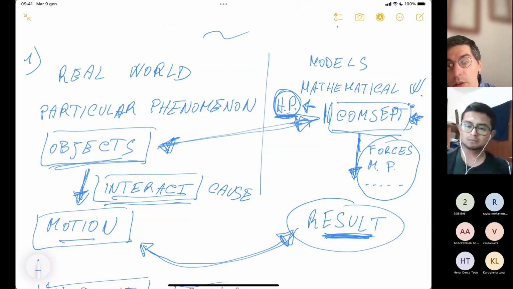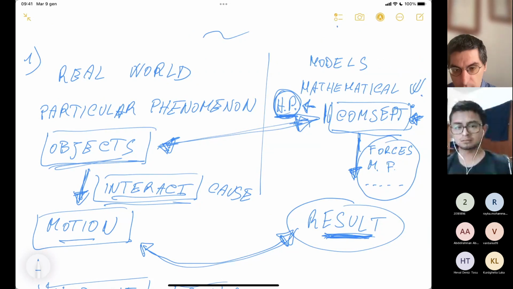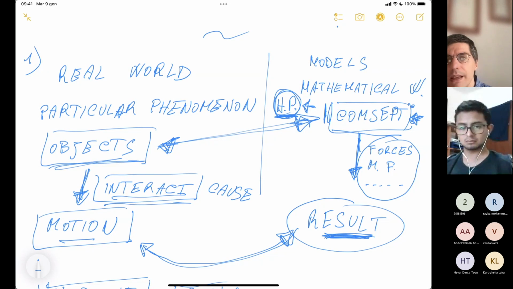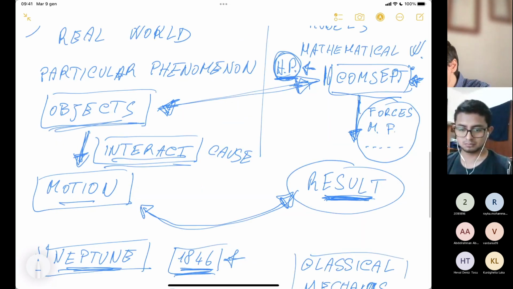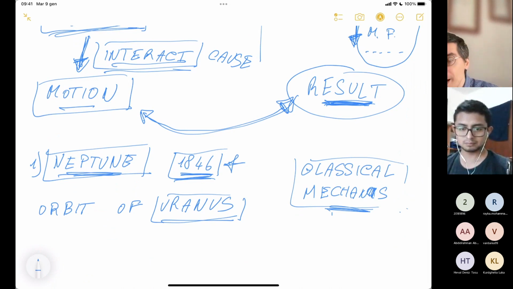If the results do not coincide, there can be another phenomenon that we are not aware of that can change the orbit of Uranus. So they said, okay, if the orbit of Uranus is not what is predicted by classical mechanics, somewhere near there should be another planet, with another orbit, of course, that perturbs the orbit of Uranus.